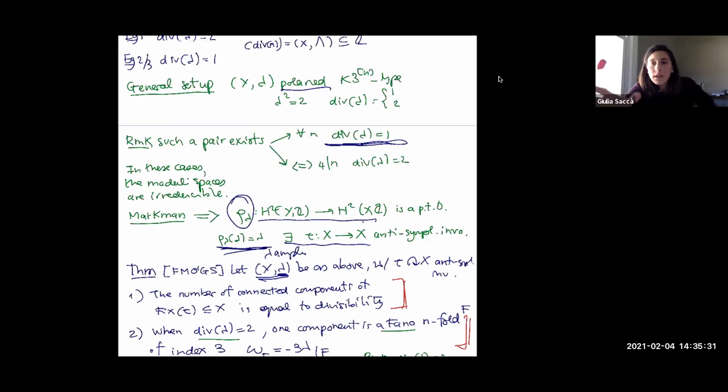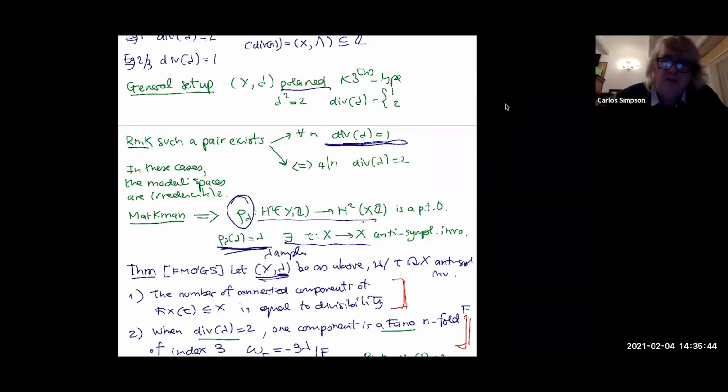So you mean independently of the deformation class? Within your space of hyperkahler things. Yes. So is that Brill-Noether locus always going to be non-empty?